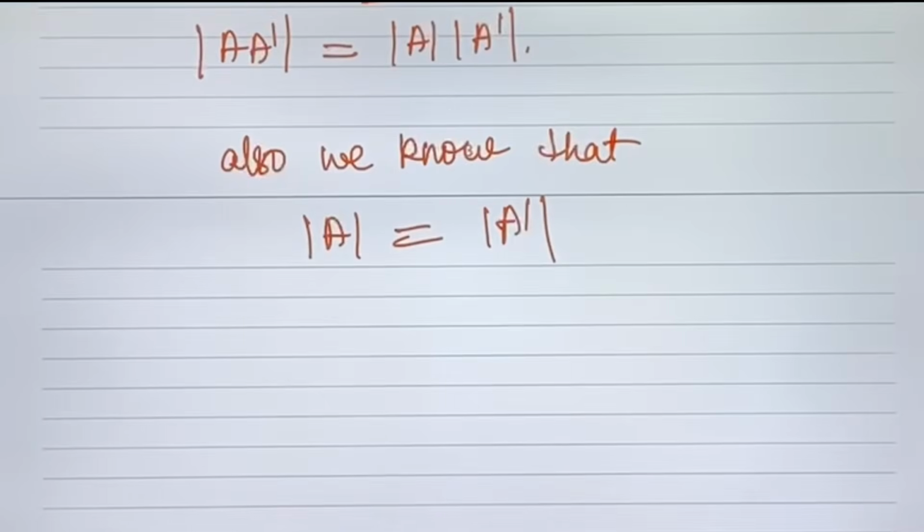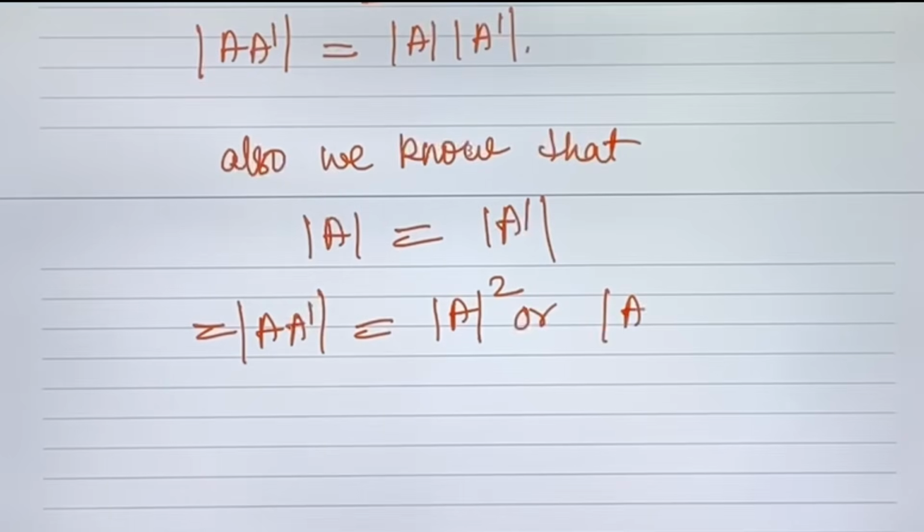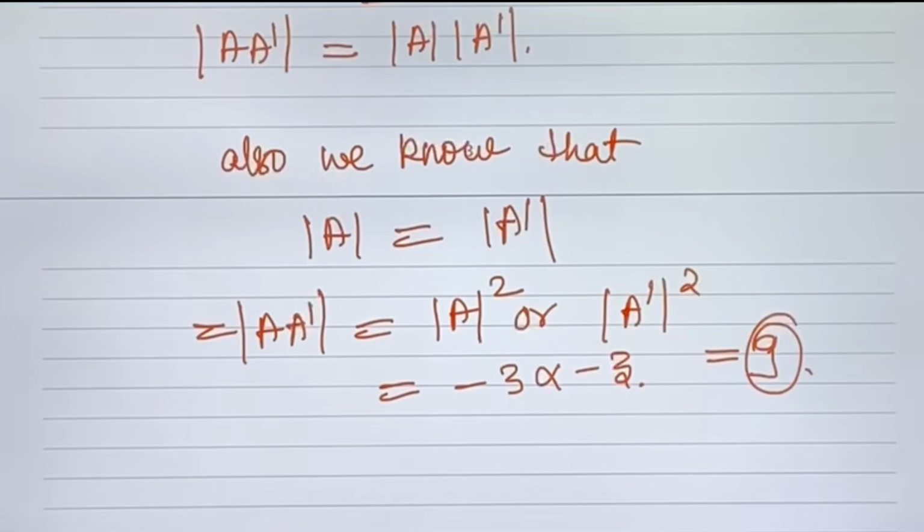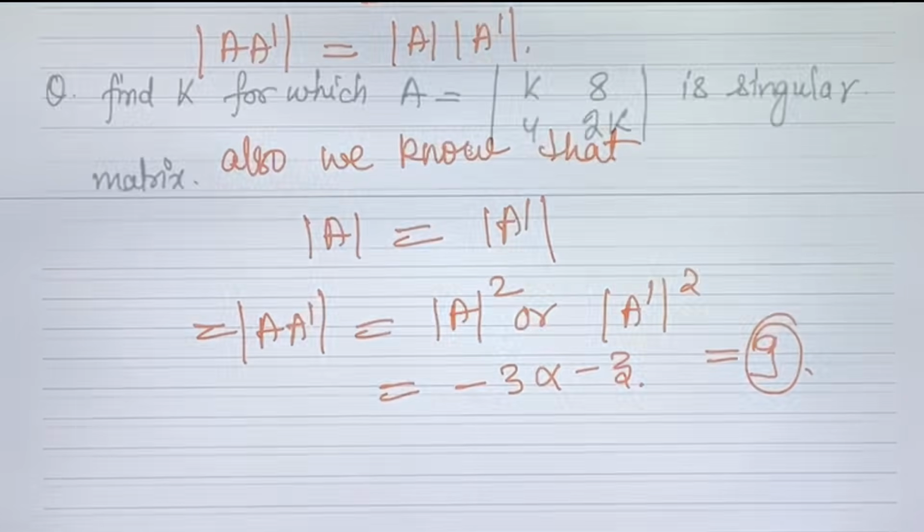That means it is equal to det of A whole square, or either you can write det of A transpose whole square, which is equal to minus 3 into minus 3, and it becomes equal to 9. Okay, see how twisted these questions are. So you need to remember these formulas.